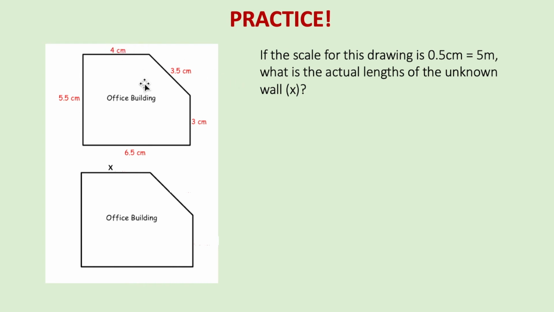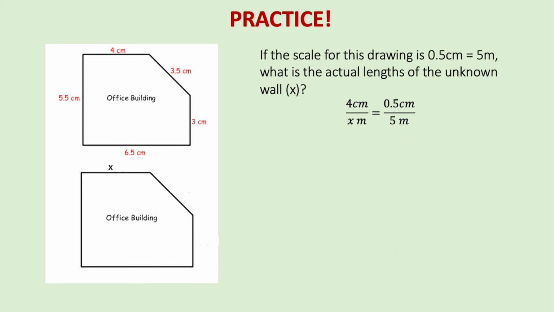So I'm going to set up a proportion again. Here we have 0.5 centimeters over 5 meters, which is our scale factor, is equal to 4 centimeters over x meters. And when you're setting up a proportion, you want to make sure that the same label is on top and the same label is on bottom. So on top I have centimeters on both sides, and on bottom I have meters on both sides.